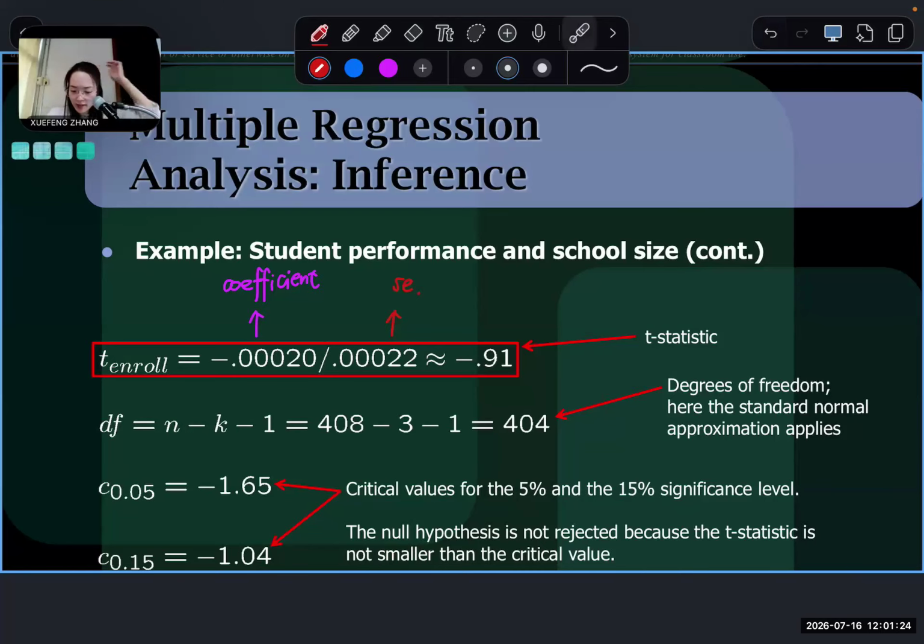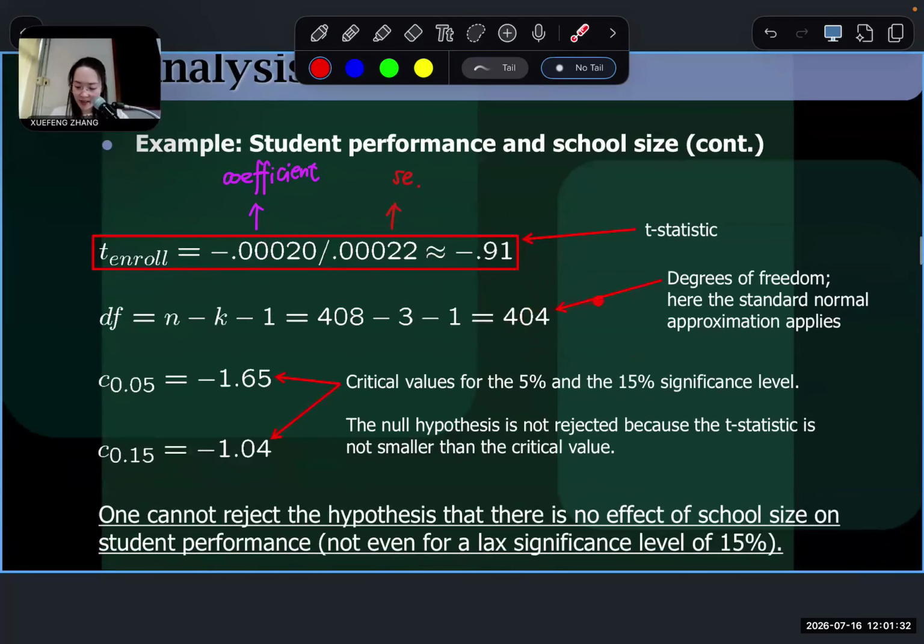So our t ratio is negative 0.91. It's too small. Even though we have a high degree of freedom, see our critical value. Can we reject H0?